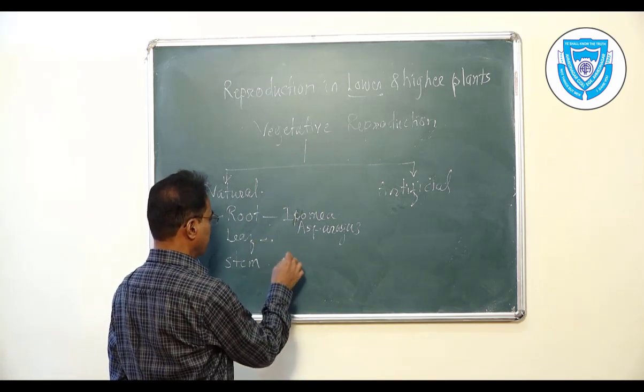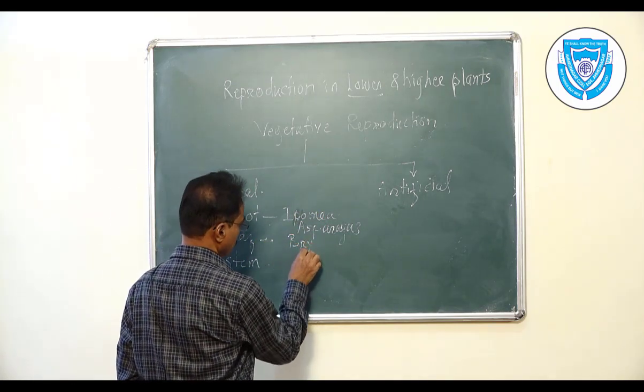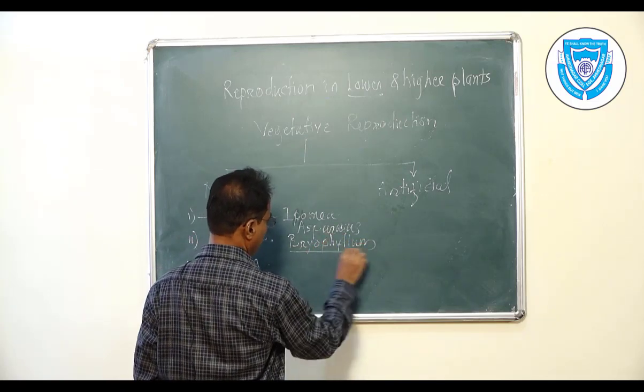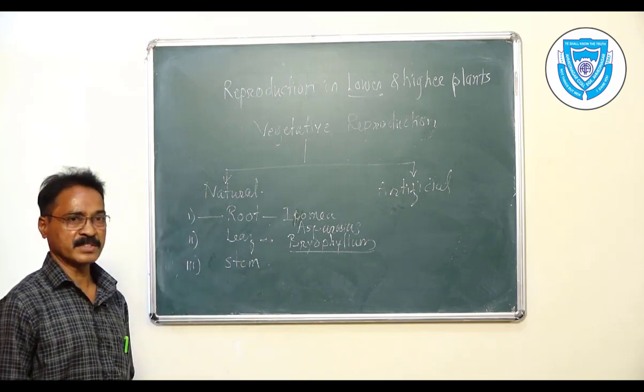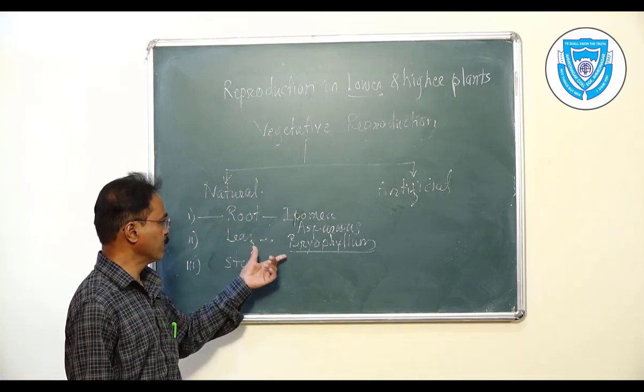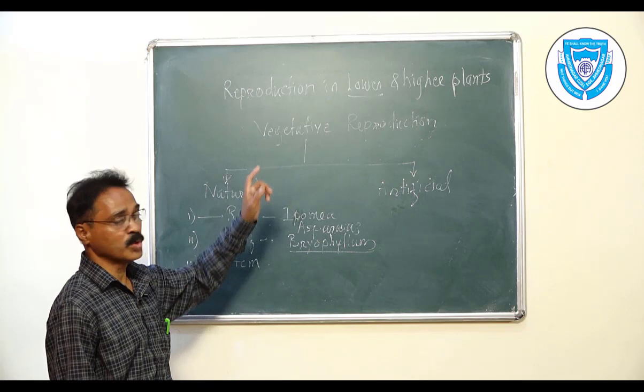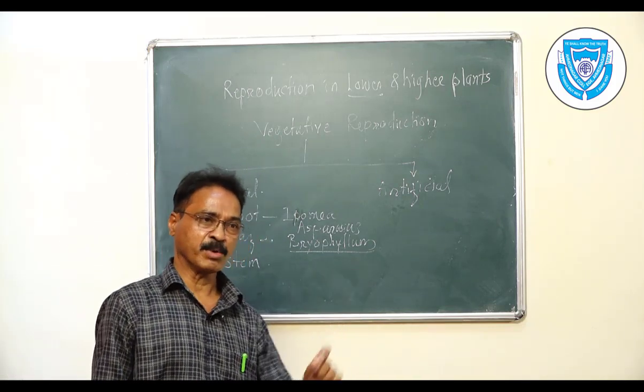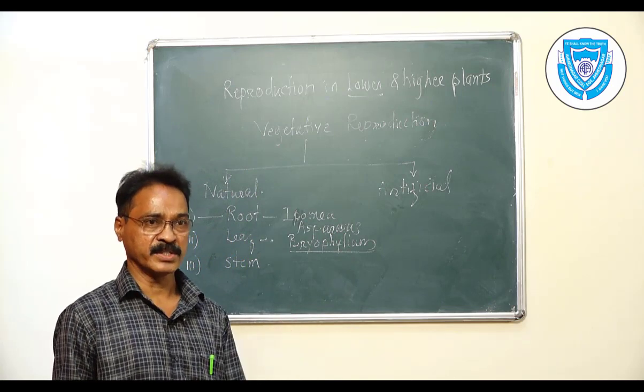So let's see or mention some types here. Now the leaf, the example is Bryophyllum. Bryophyllum is the commonest example of the leaf, the part that undergoes vegetative reproduction. In Marathi, a very appropriate name is there, it is known as panputi.